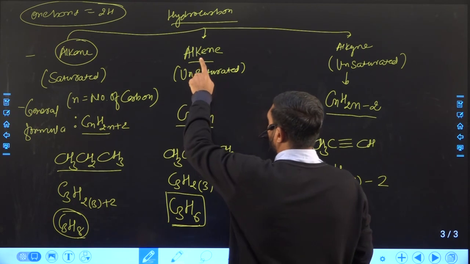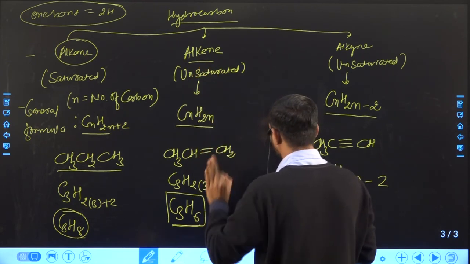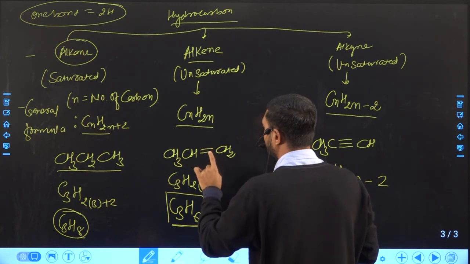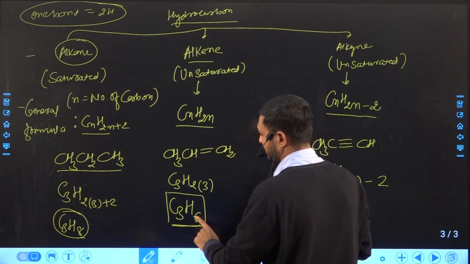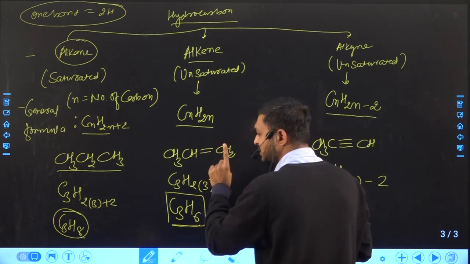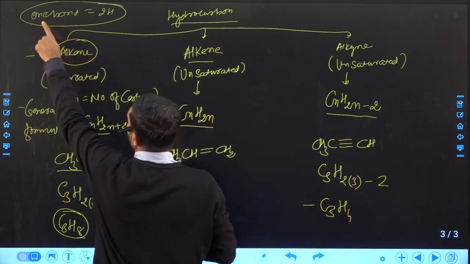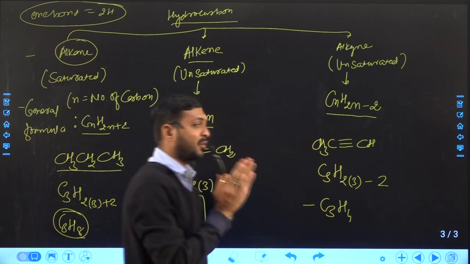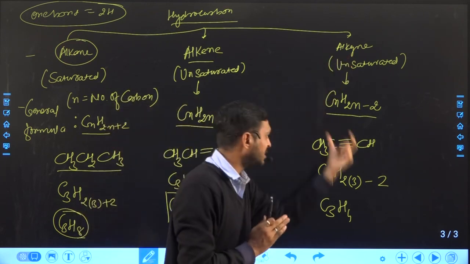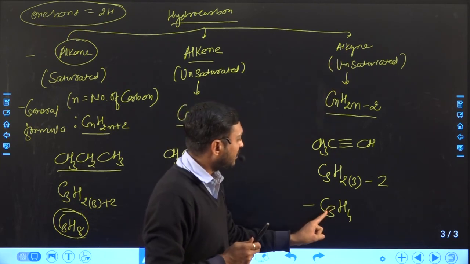But in the case of alkene, at least one double bond is present. If one double bond is present, then 2 hydrogen will be less, because we concluded one bond is equal to 2 hydrogen.